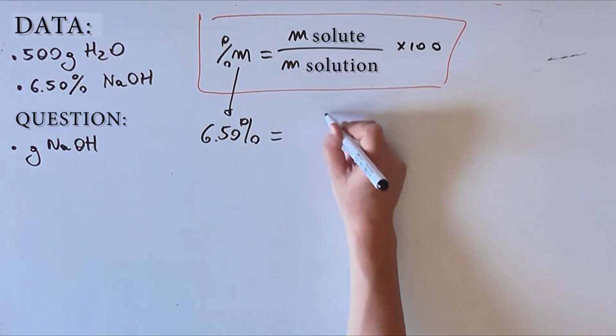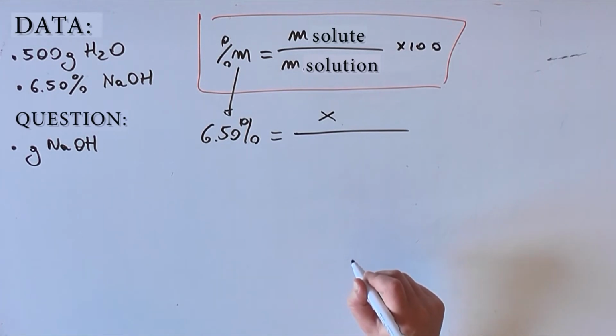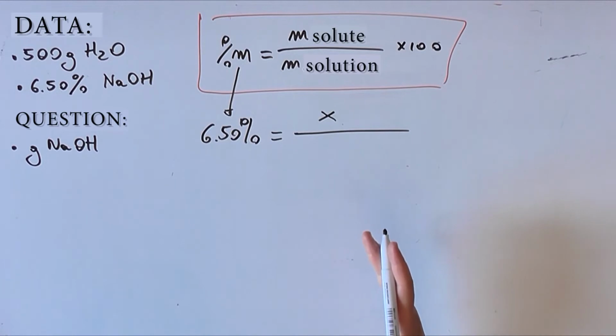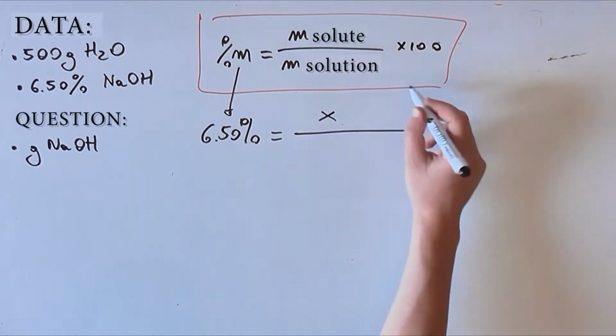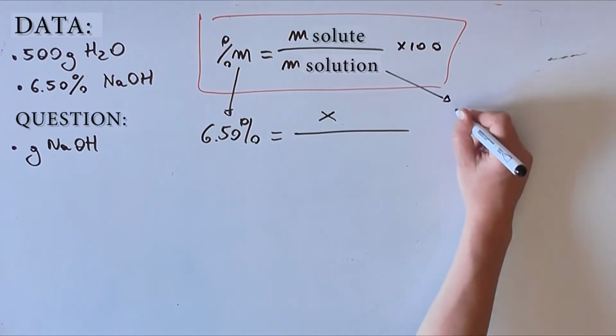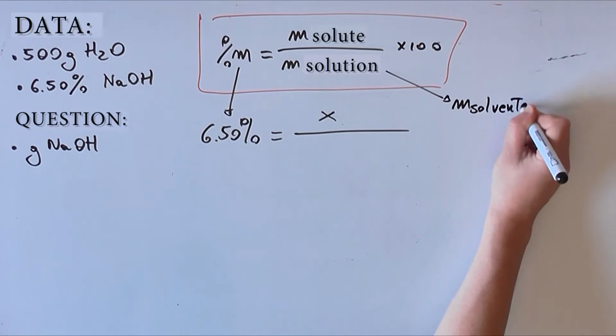But we don't have the mass of solute, so let's write it as X, because it's unknown. Then we have to write the mass of solution. We always need to remember that the mass of solution is given by mass of solvent plus the mass of solute.